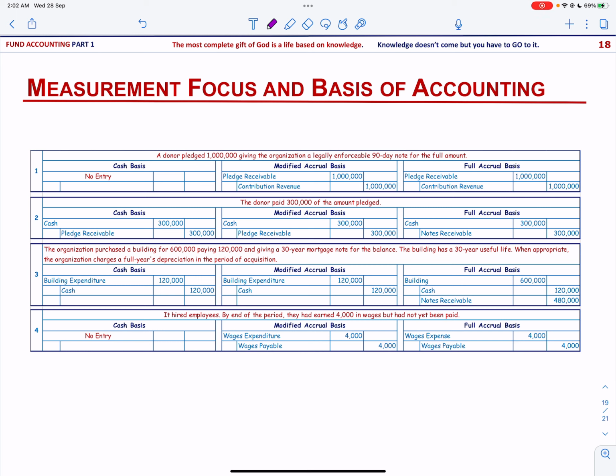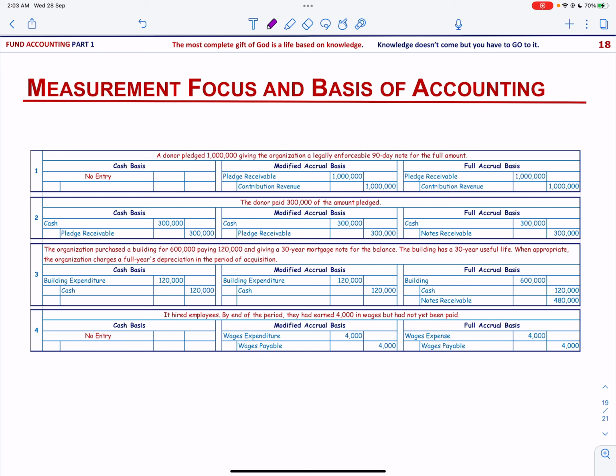Since the government uses modified accrual and full accrual basis of accounting only, let us look into a few more transactions and we will ignore the cash basis of accounting. Now the transactions reinforce the concept we have discussed so far. It explains how to account for transactions under the modified accrual basis and under the full accrual basis.